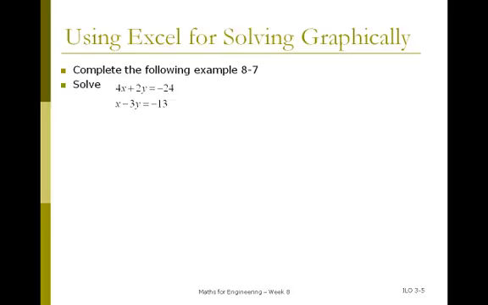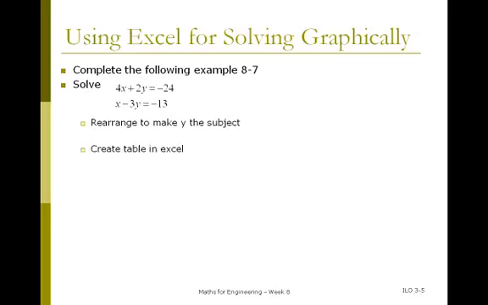Example 8.7. Solve the simultaneous equations 4x plus 2y is equal to minus 24 and x minus 3y is equal to minus 13. The first thing you should do is make y the subject, so we rearrange the equations.